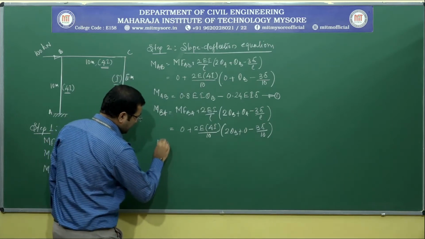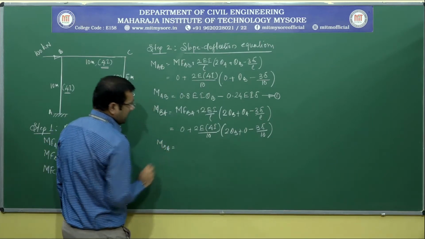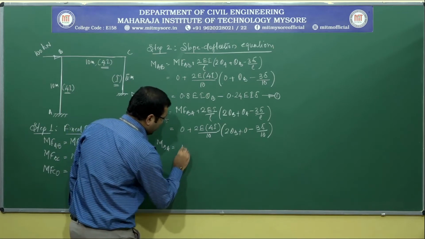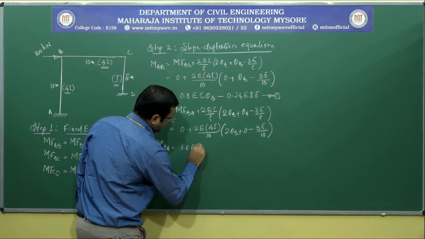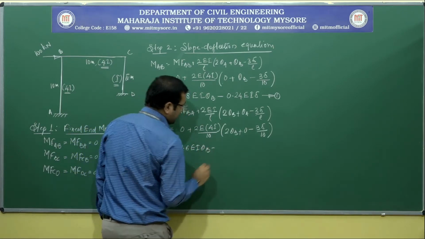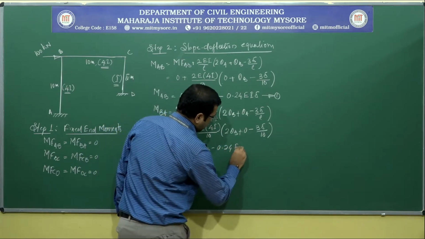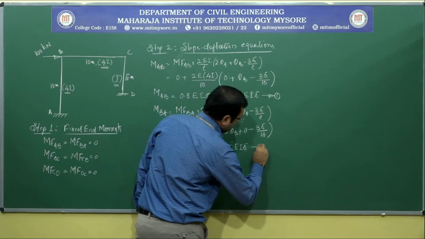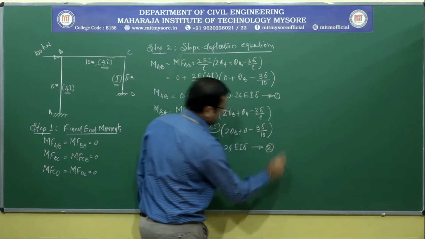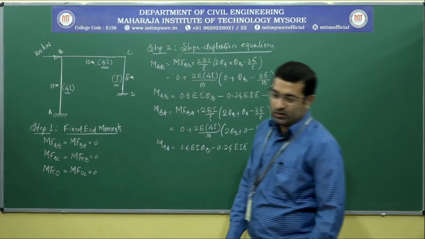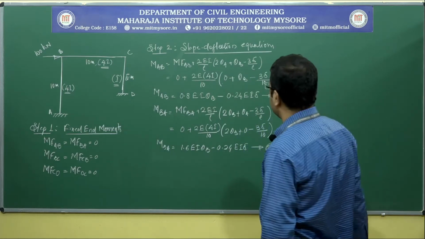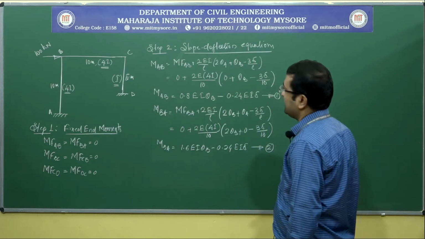So here MBA will be 1.6 EI theta B minus 0.24 EI delta. So let us call this equation number 2. So these are the two slope deflection equations for the member AB.